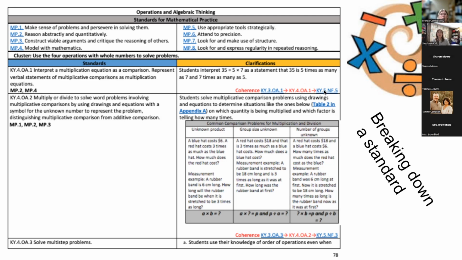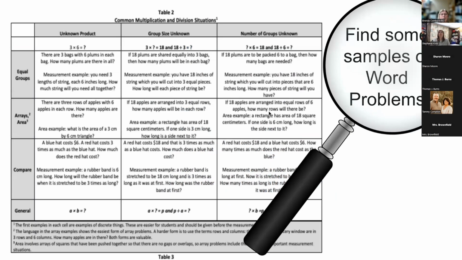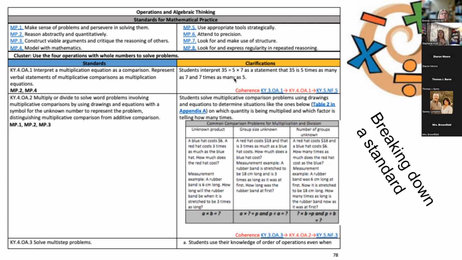I can click real quick on the next one and it shows what the next standard would be. This is where your kid's working right now, and this will give us our goal for next year. So that's one of the things to consider when you're looking at your standards: these are linked there.